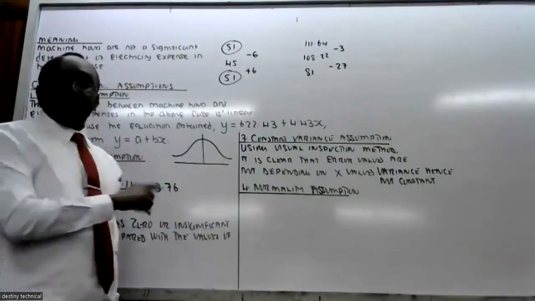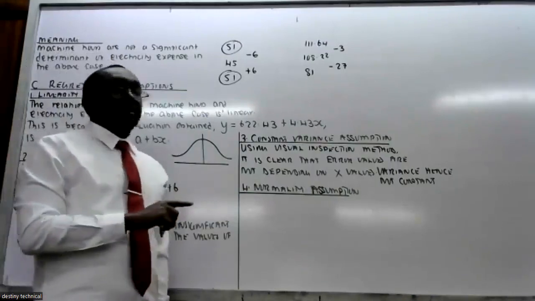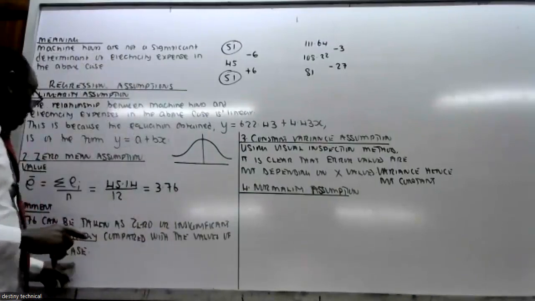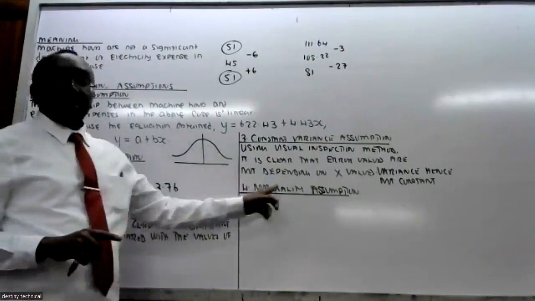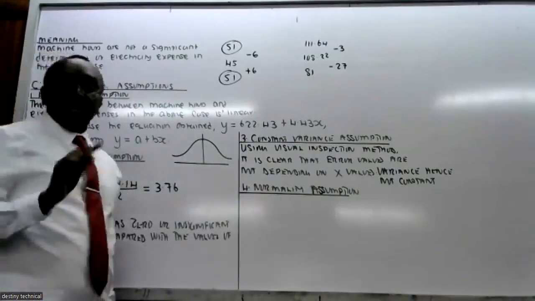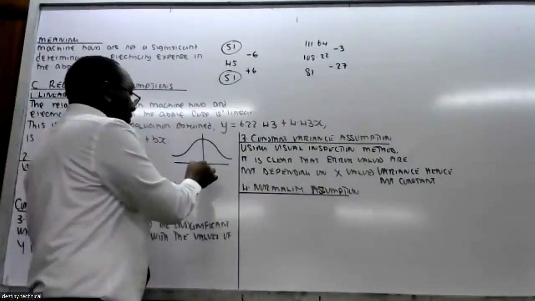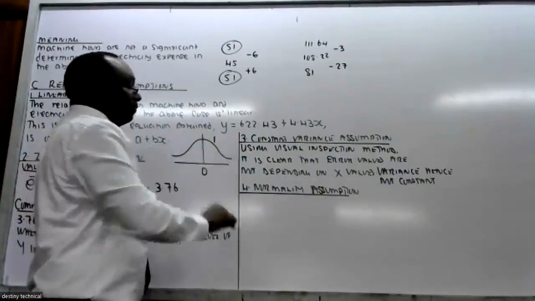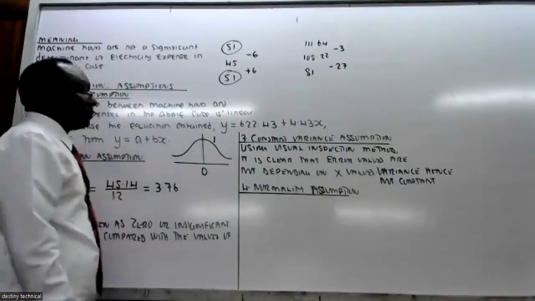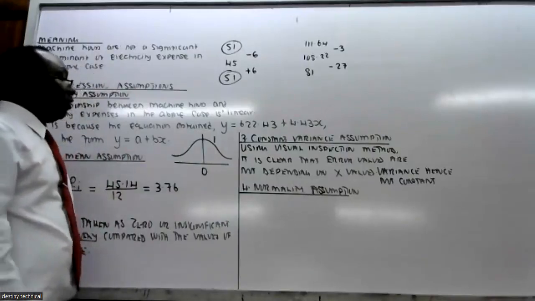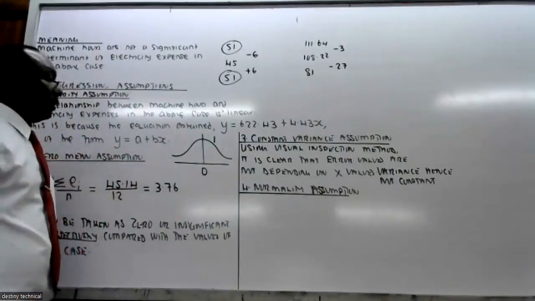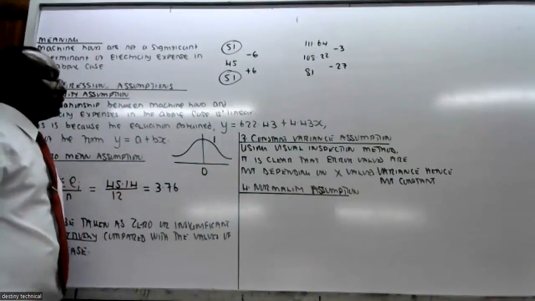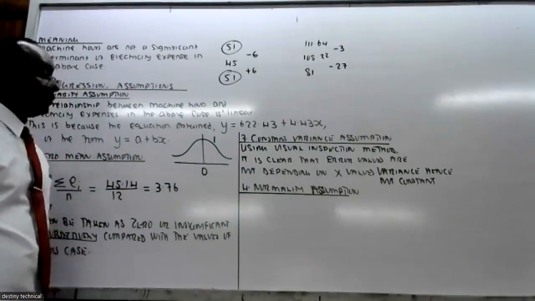The second way of testing this assumption is computing the mean and the variance. Because we know anything that is normal has a mean of 0 and a variance of 1.